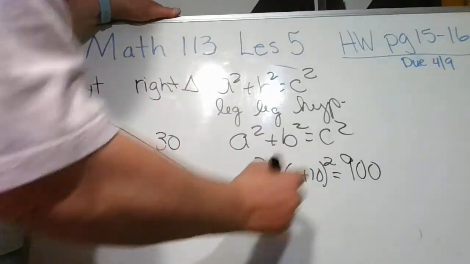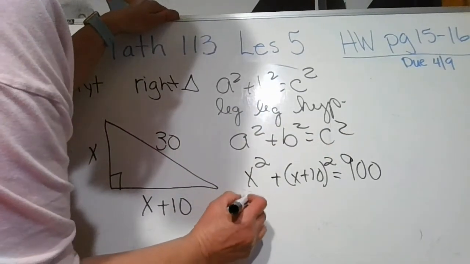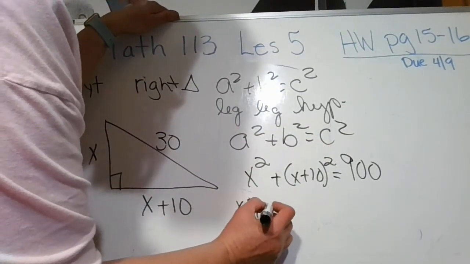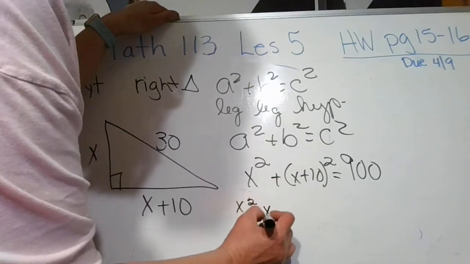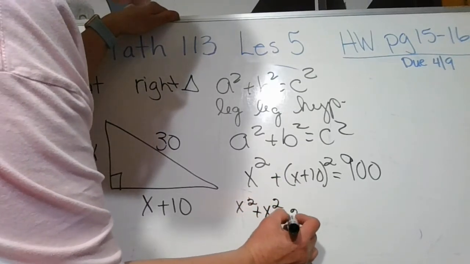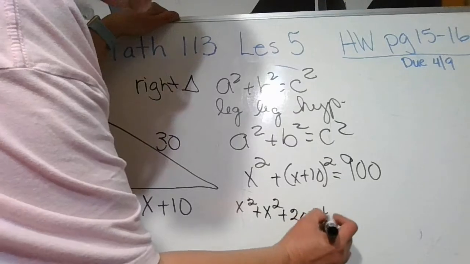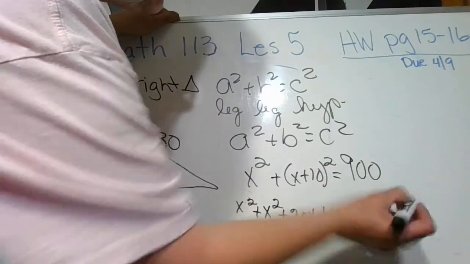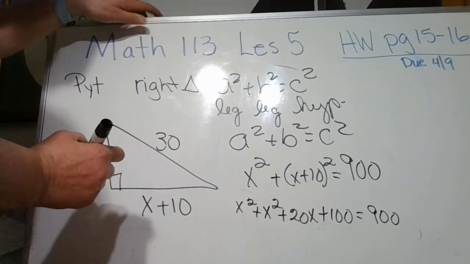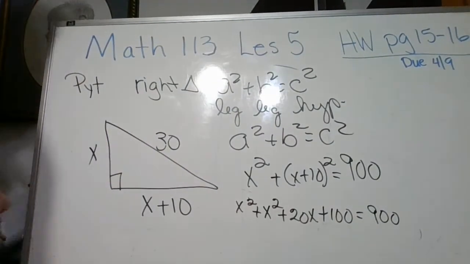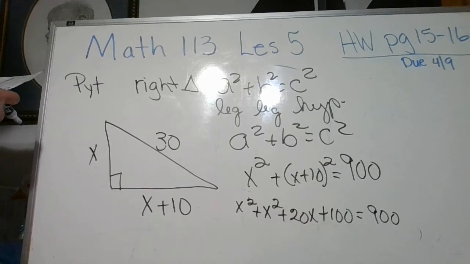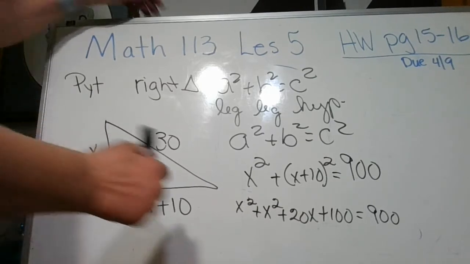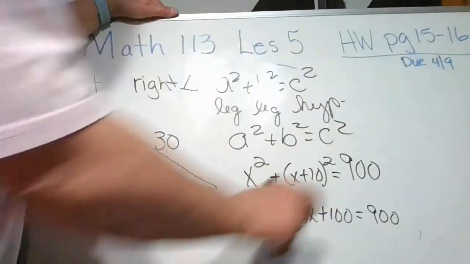So when I work all of this out, I'm going to have x squared plus x squared plus 20x plus 100 is equal to 900. I need to put my terms all together to get 0 over there.